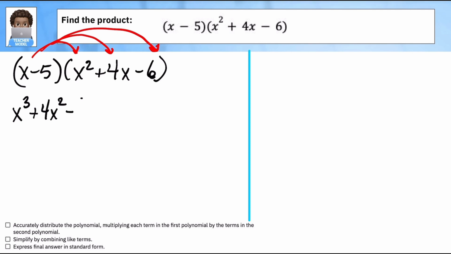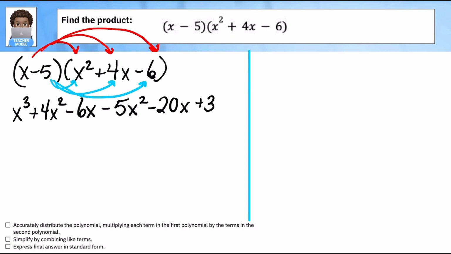And minus 6x. So I did those 3. All right, now I'm going to do these three over here. Negative 5 times x squared is negative 5x squared. Negative 5 times 4 is negative 20x, and negative 5 times negative 6 is positive 30. All right, done.